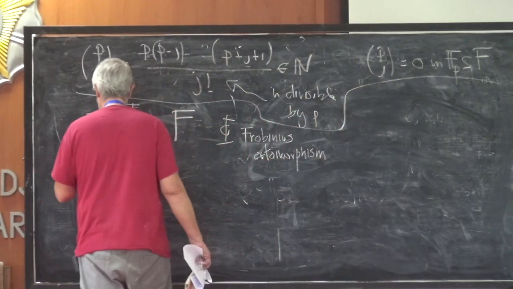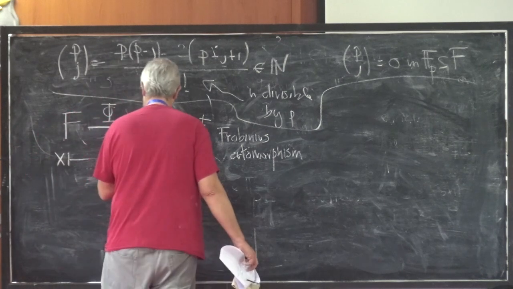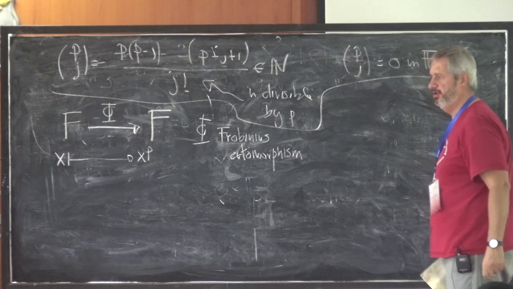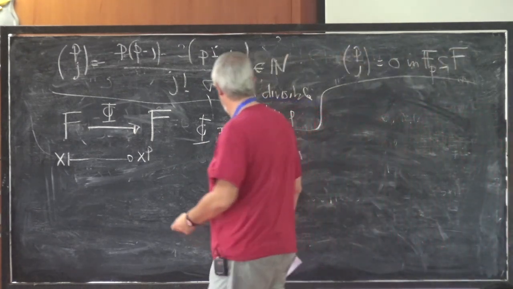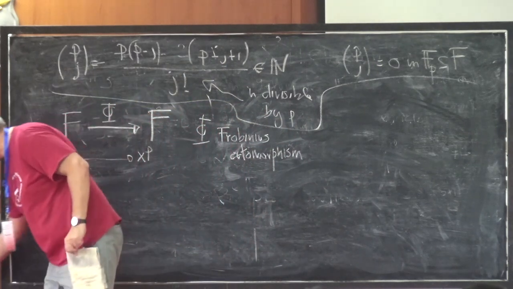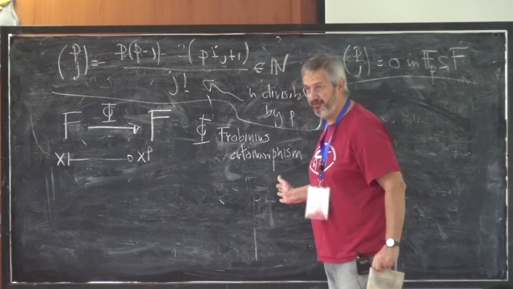So you take any element here, let's call it x, and you send it to x power p. The reason this is an automorphism means that it's an isomorphism of a field into itself.